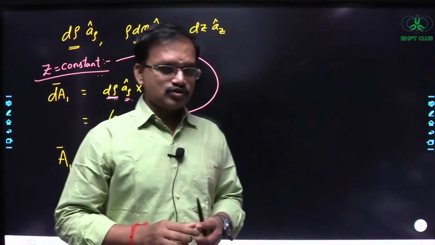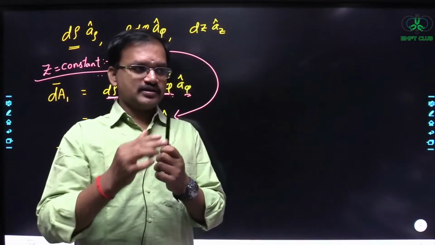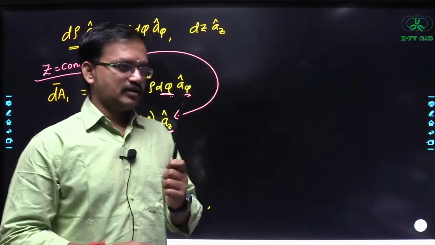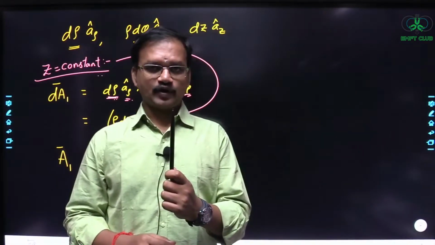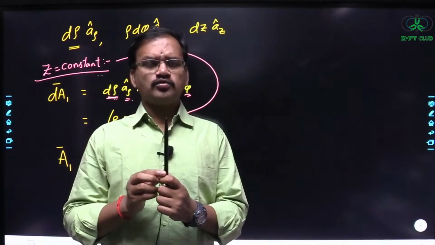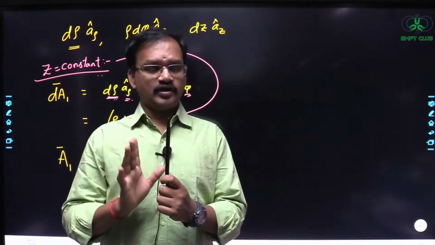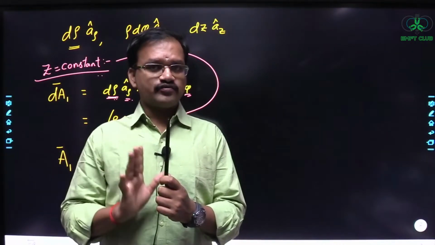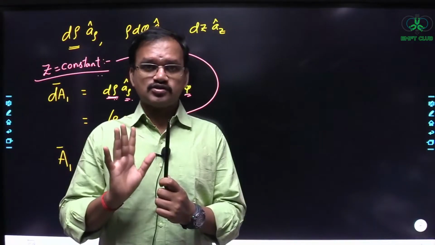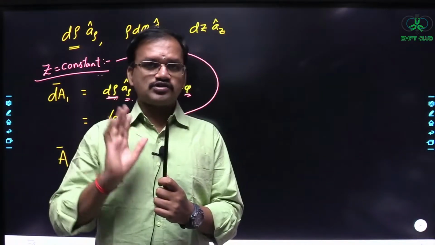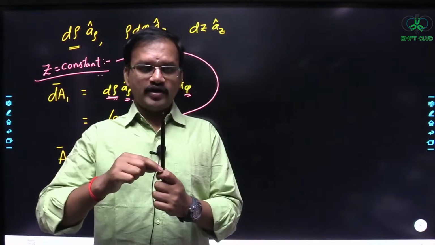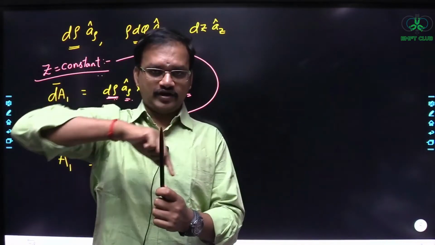See here. Let us say this is the Z axis. Now what you have to vary? Rho and phi. By varying rho and phi, what is the surface that is going to form? That's what we have to check. So now vary rho and vary phi.